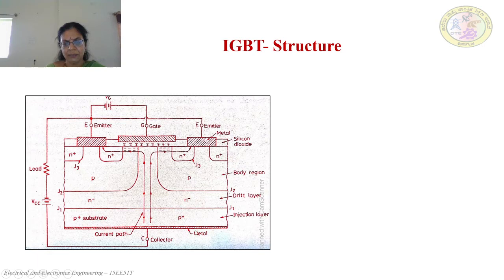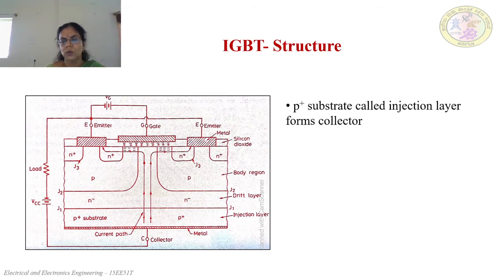You can see a metallic portion here, and there is a gap here that is nothing but silicon dioxide which is placed above the semiconductor material. The P plus substrate is called the injection layer which forms the collector.